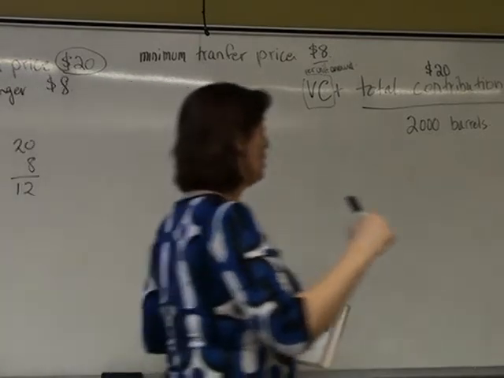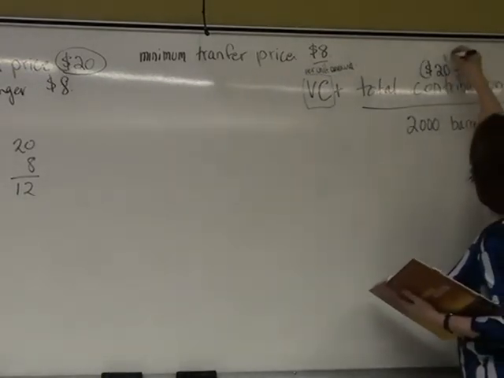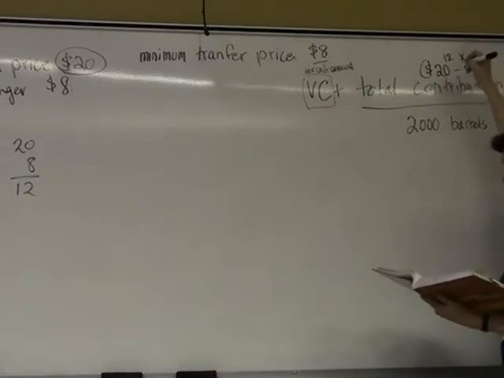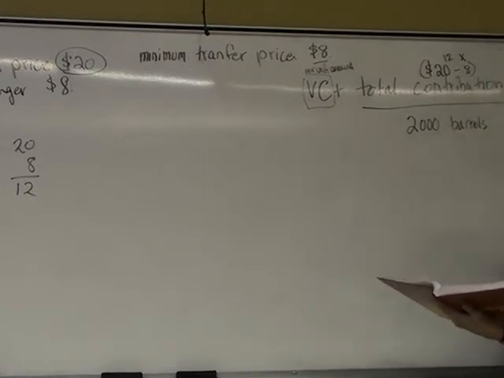So their total contribution margin is 20 minus 8, which is 12, divided by the number of units transferred. So whatever 12, well actually times, this would be times 2,000, would it not? Where is it getting the 1,000? Was it trying to tell you that it has room for 1,000?